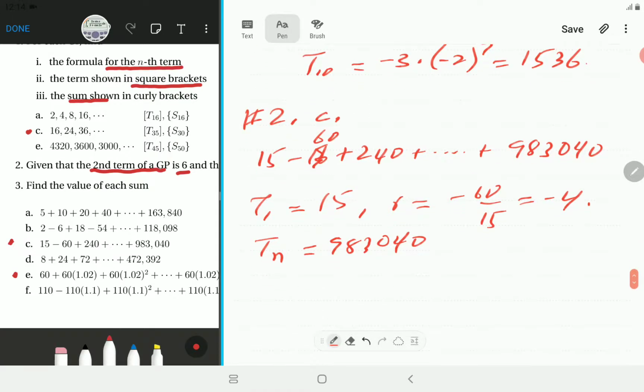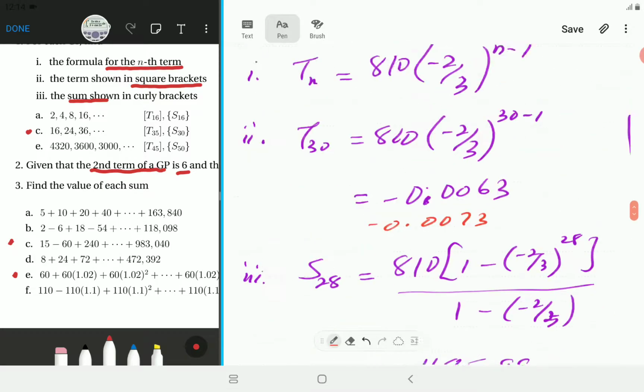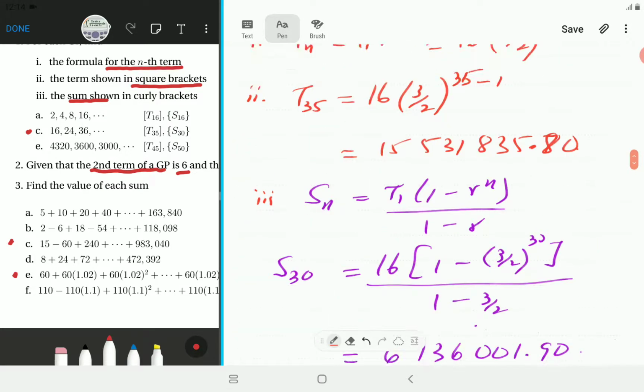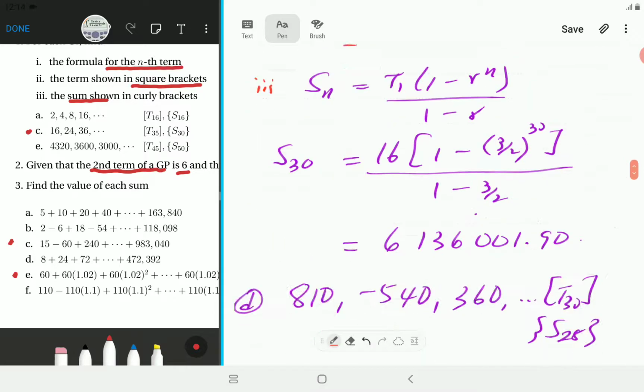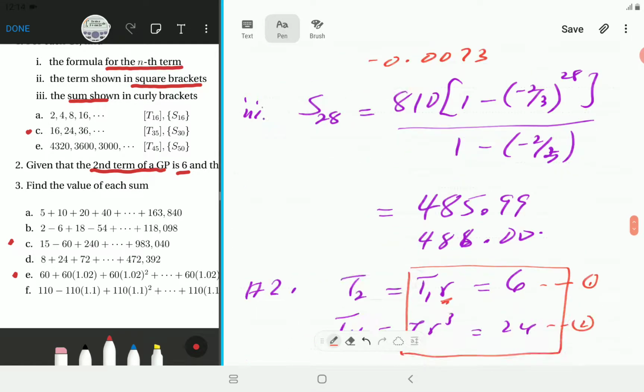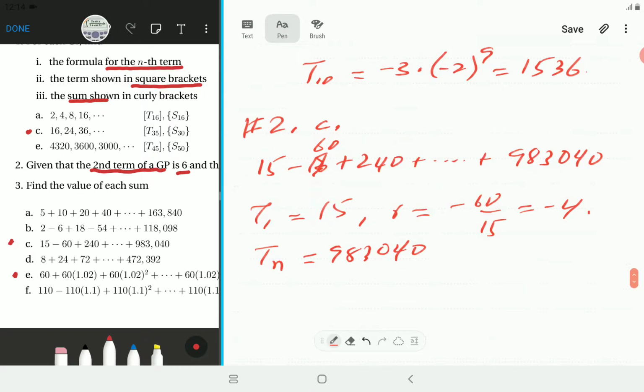So if we want the sum, we can simply use the second formula. Remember, in the second formula we just need T1, Tn and R. We don't need n. We don't need to know how many terms there are in the summation. So it's a remarkable situation there.